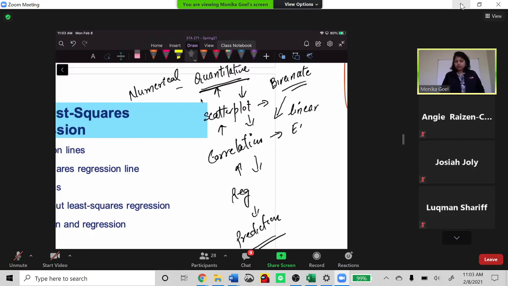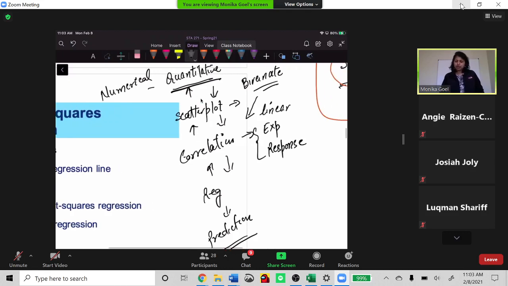One variable is explanatory and another variable is called the response variable. If we know which one is explanatory and which one is the response, we plot this on X and plot this on Y. But if the distinction does not exist, or we cannot distinguish between explanatory and response variable, we can use any axis for the response or explanatory variable.